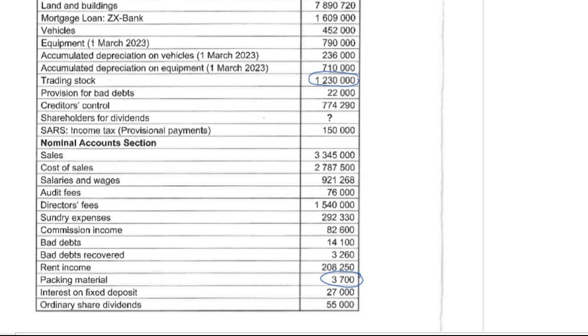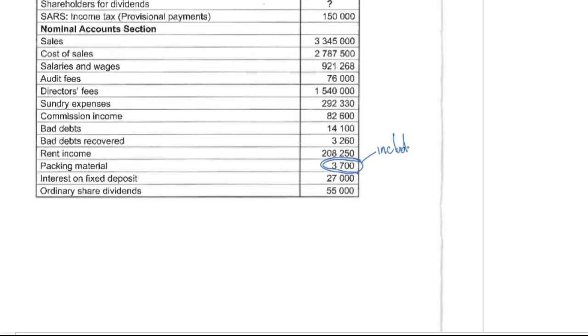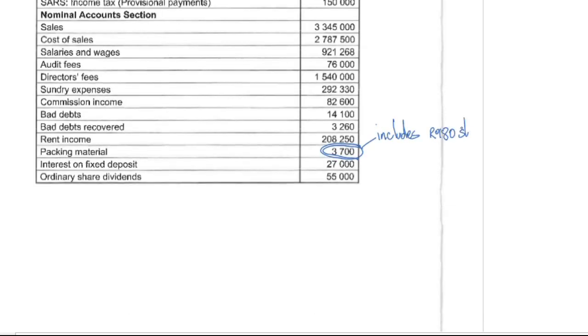So our problem here is that this 3,700 rands includes the 980 rands of packing material, which is still on hand and is not yet used. That means as things stand, our packing material account is overstated by 980 rands.